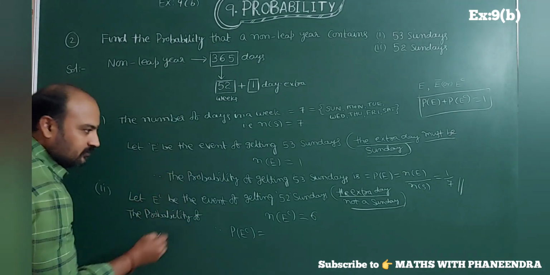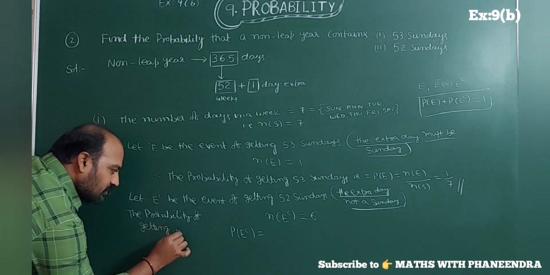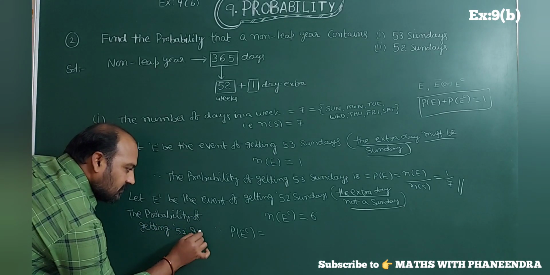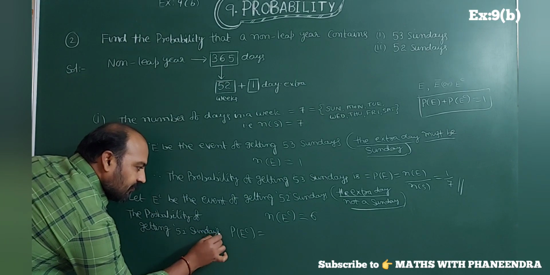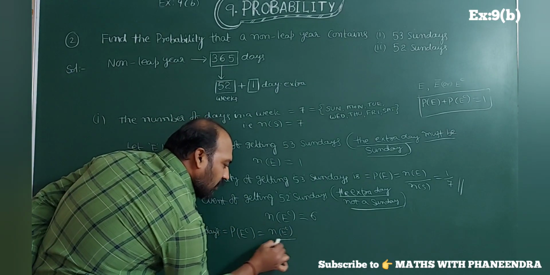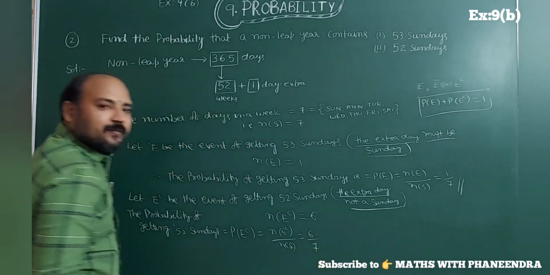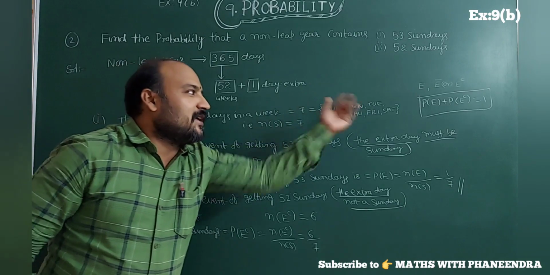the probability of getting 52 Sundays, P of E complement, is equal to n of E complement by n of S. So 6 by 7. Sir, for what purpose did you say that formula?